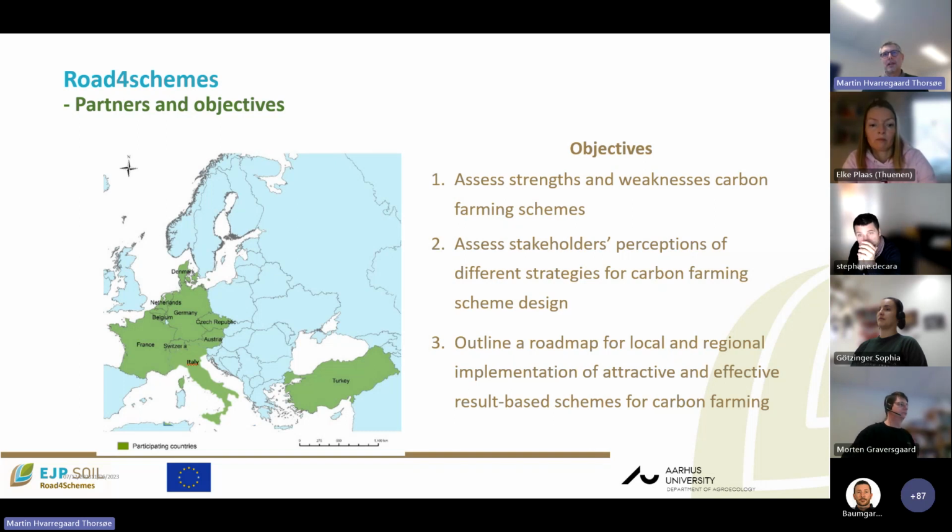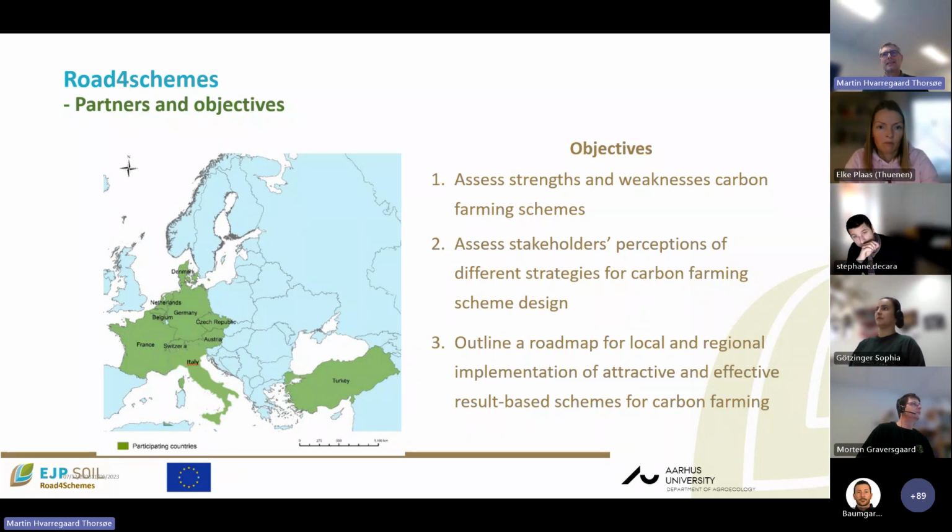And the objectives of the project have been to assess the strengths and weaknesses of different design options for carbon farming schemes, and also look into opportunities for integrating different environmental ecosystem services in the design of carbon farming schemes.